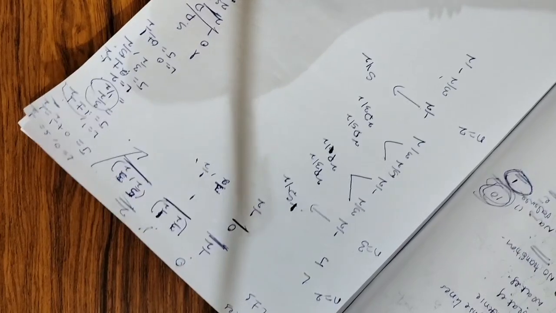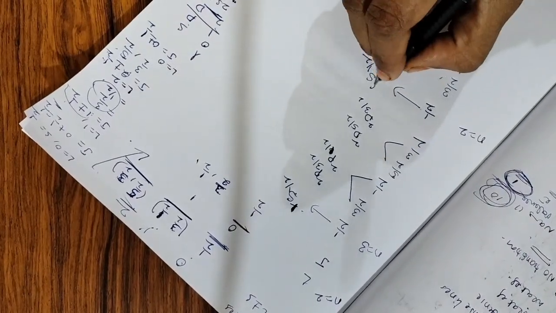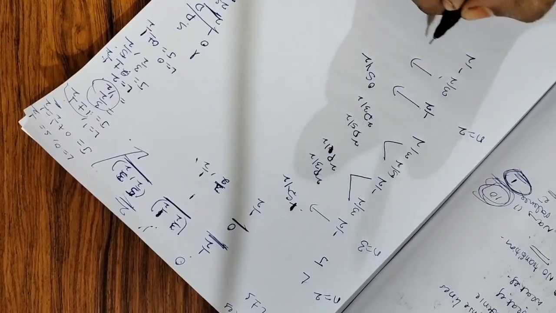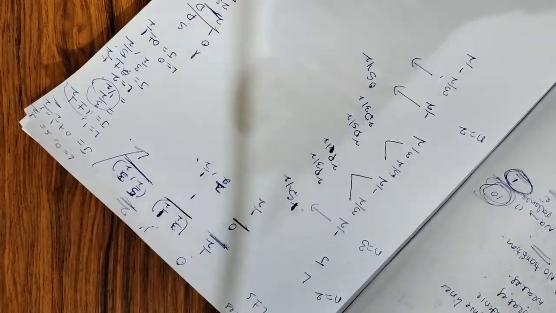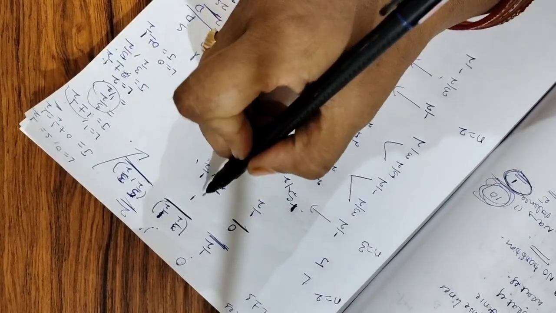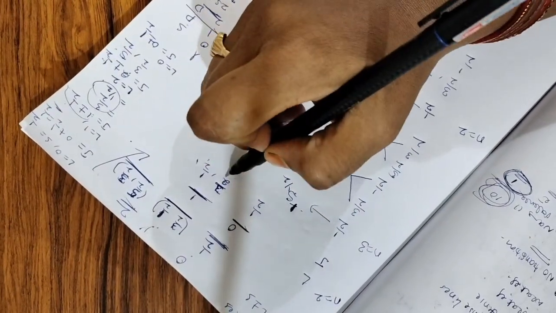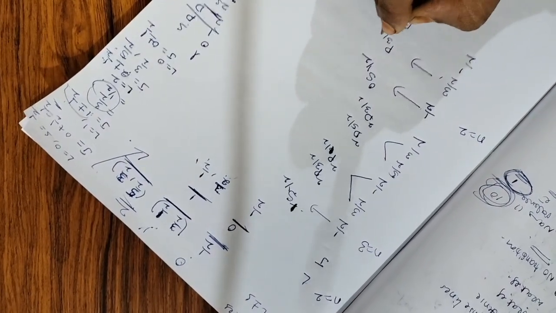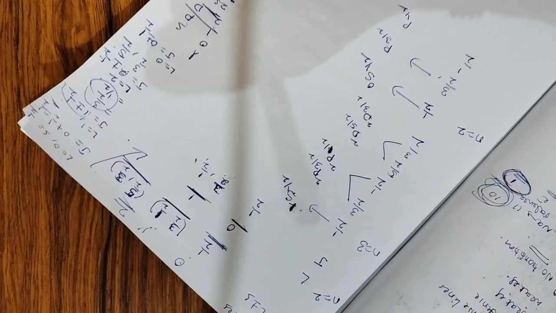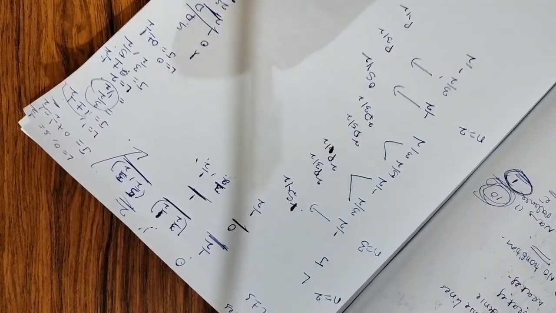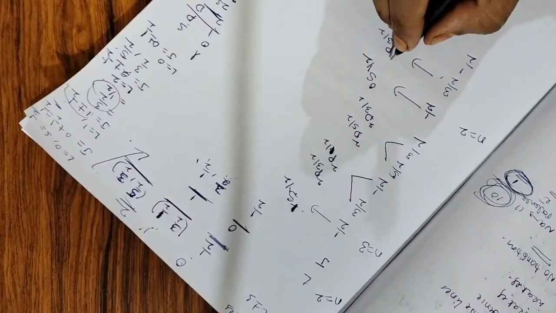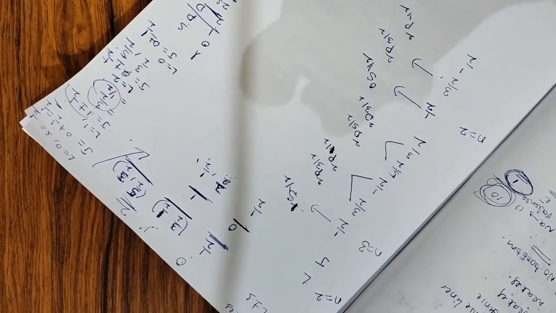If we substitute 0, we will get 1. Here also 0. Sorry, ground state. Now from here, these are not ground state. So S is equal to half only we will substitute. Now 3 by 2, 1 by 2. For L equal to 1, we got these spectral terms. L equal to 1 means what? P. 3 by 2, 1 by 2 J values. And multiplicity, what will be there? 2 times 1 by 2 plus 1, 2. Multiplicity is 2.